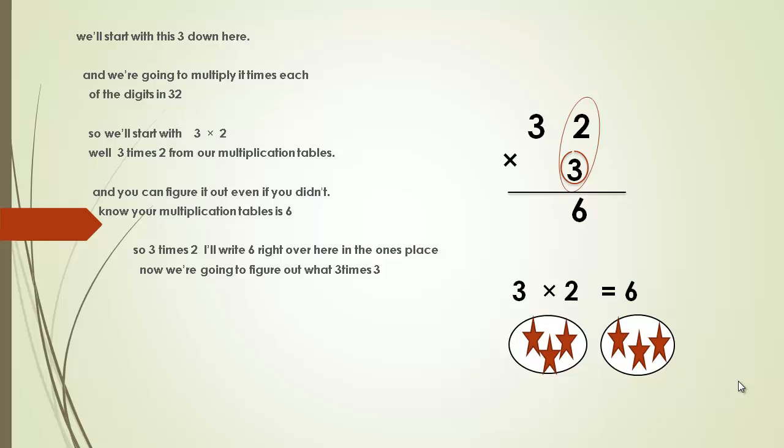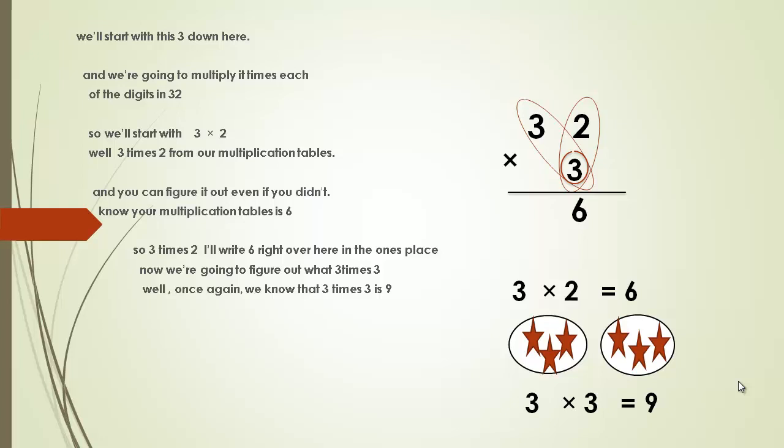Now we are going to figure out 3 times 3. You know the multiplication table. I know 3 times 3 equals 9.